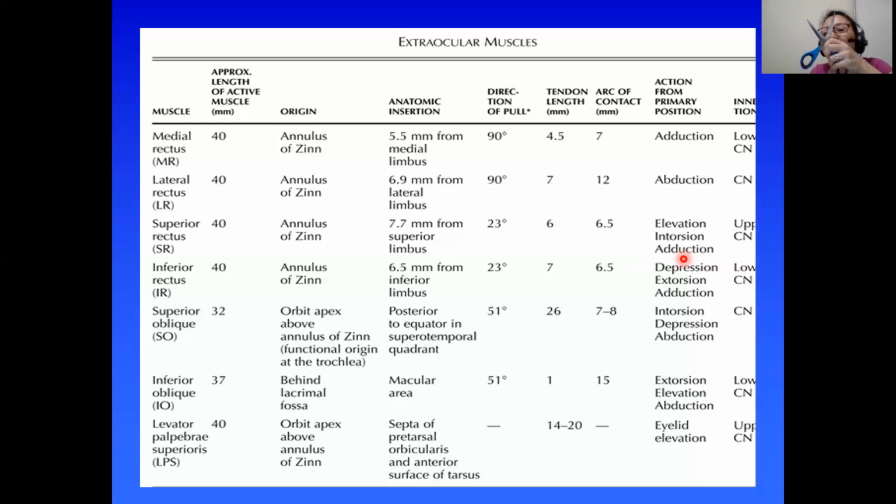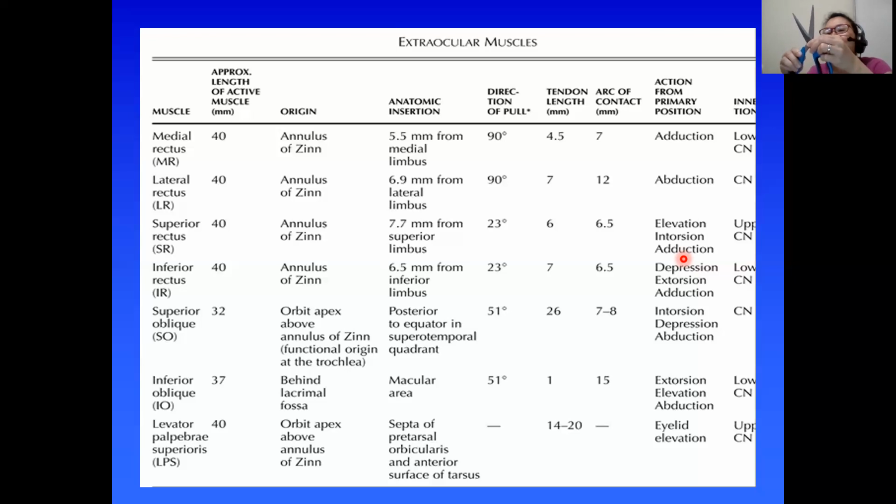Okay, vertical. Look, if you close this one, where will this go?